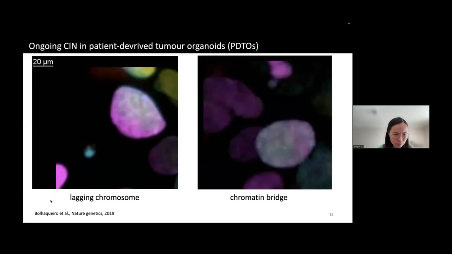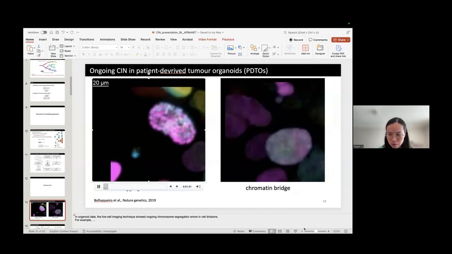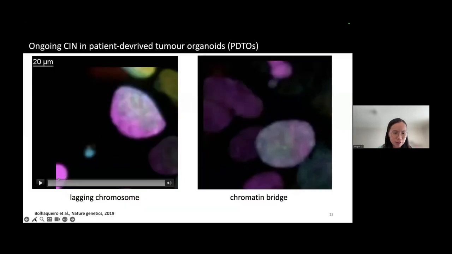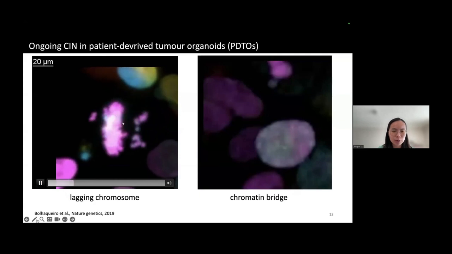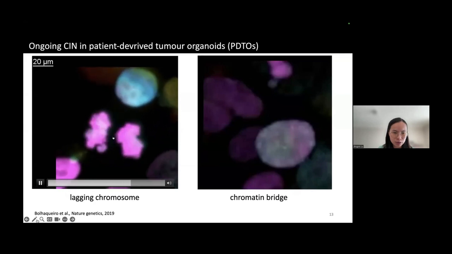For example, here, in this short video, you can see during the cell division, there is a lagging chromosome, shown here.